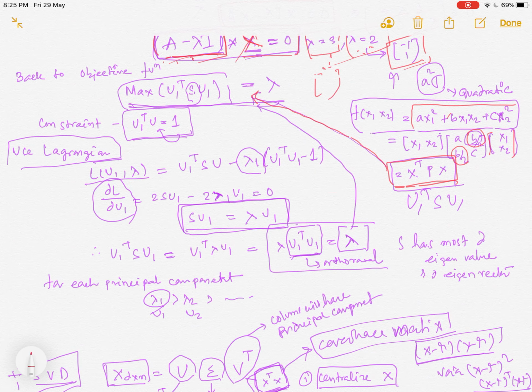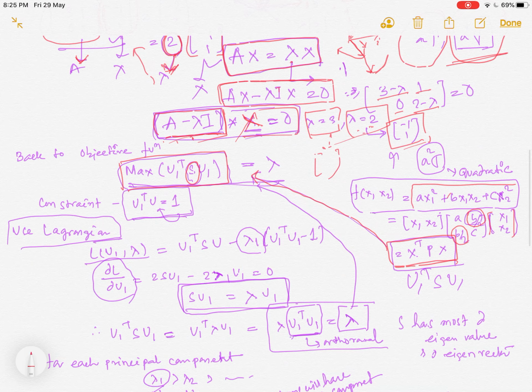So let's get back to the objective function. The objective function is to maximize u1 transpose S u1. S is the covariance matrix. Let me show what covariance is. Covariance is (x1 minus mu) into (x2 minus mu), or x transpose x.